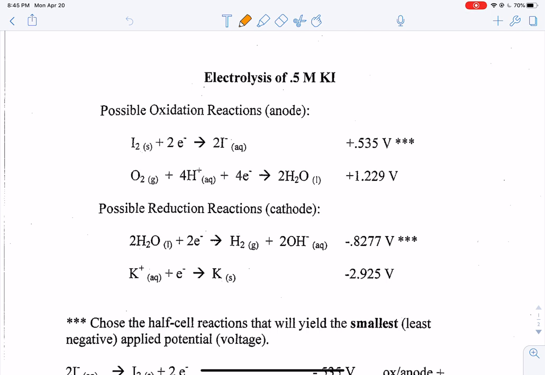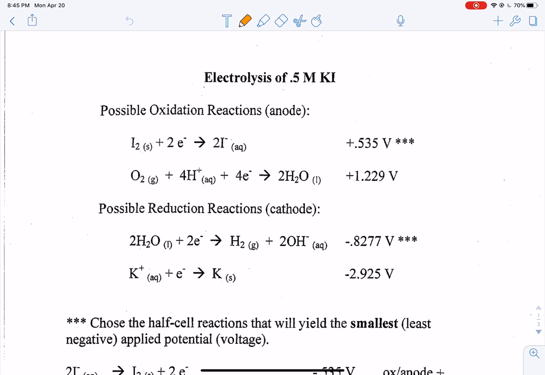The two possible reduction reactions would be the breaking down of the water or the potassium ions becoming pure potassium. Now you expect these to be negative. You don't expect water to spontaneously decompose, and you don't expect positive ions to spontaneously gain an electron because potassium would like to lose an electron from its outer shell. So both of these values have negative voltages.